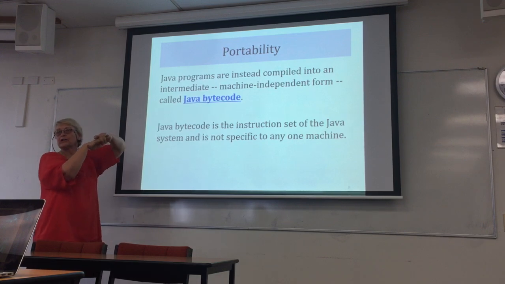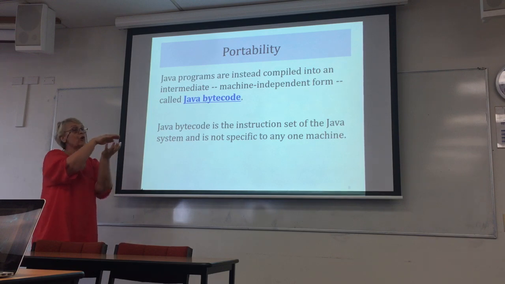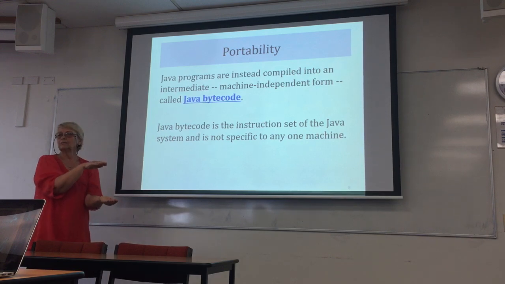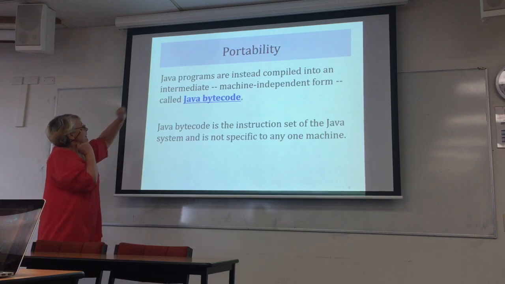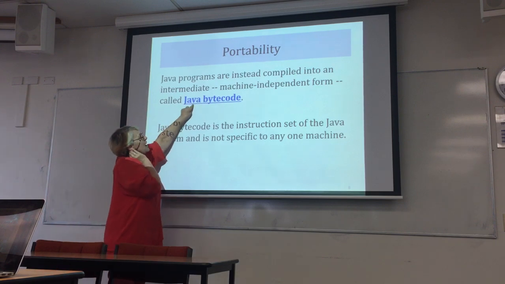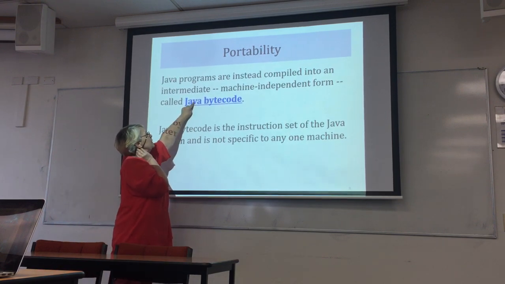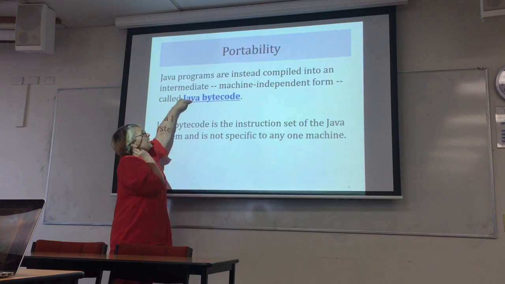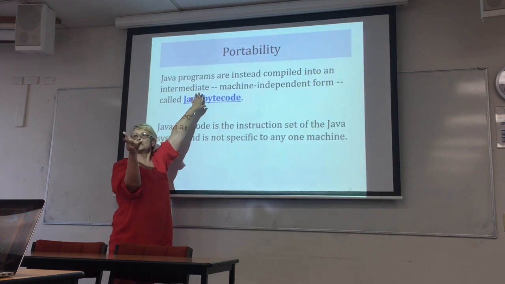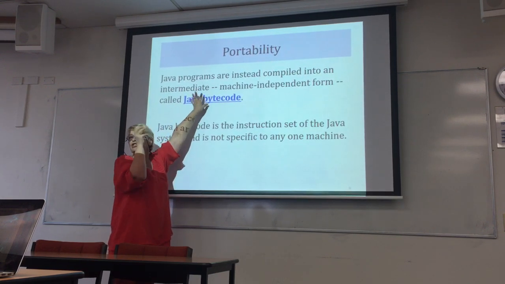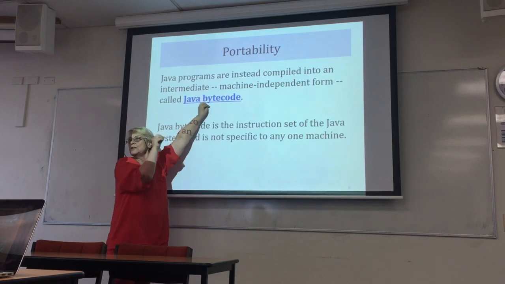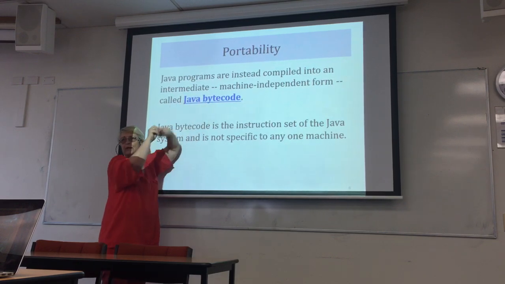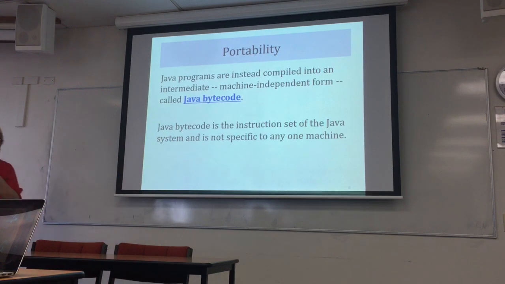And this Java bytecode is run by software called the Java Virtual Machine, to convert it to the machine on which it runs. So when we compile our Java programs, we get what is called a .class file, not for human reading. The .class file contains Java bytecode, and it is for the Java virtual machine.